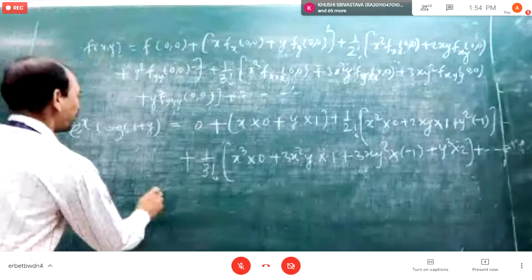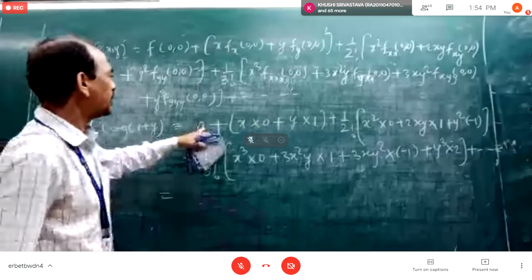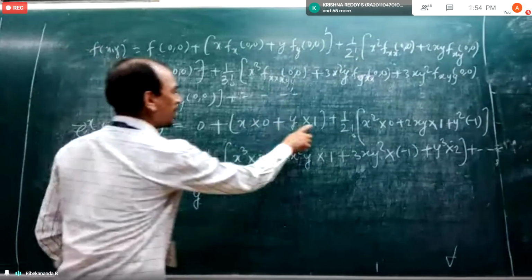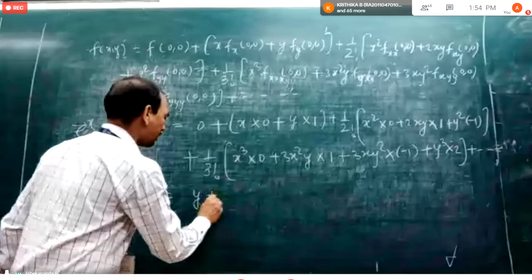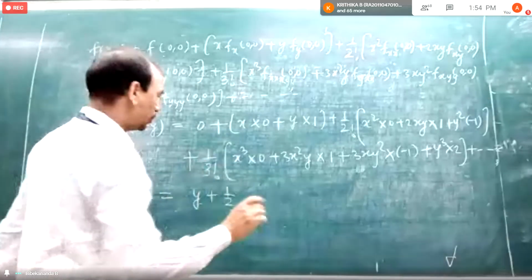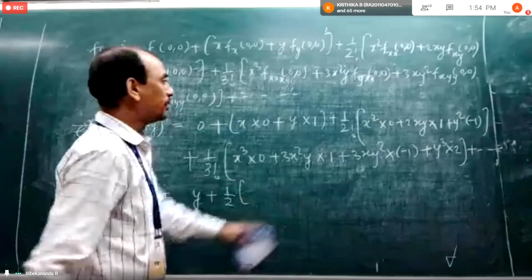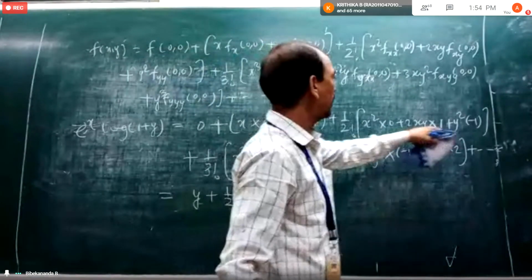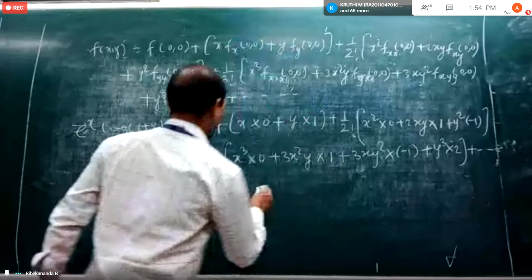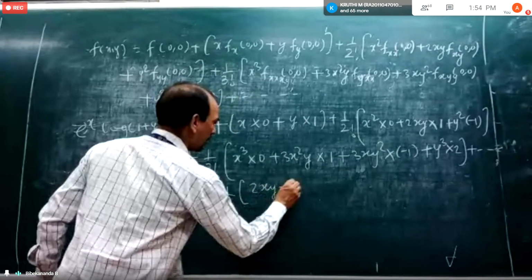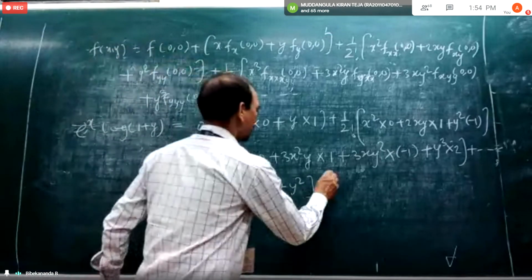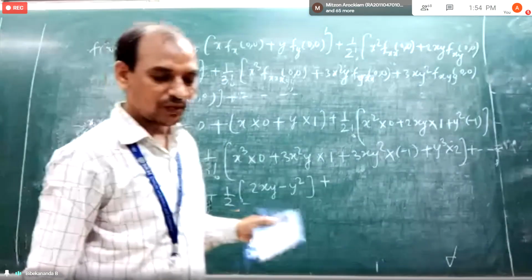So finally, what will be the answer? 0 into x, 0, so y into 1, y. Plus 1 by 2 factorial means 2 into x square into 0, and this one 2xy minus y square. So 2xy minus y square. Plus 1 by 3 factorial. What is the value of 3 factorial?